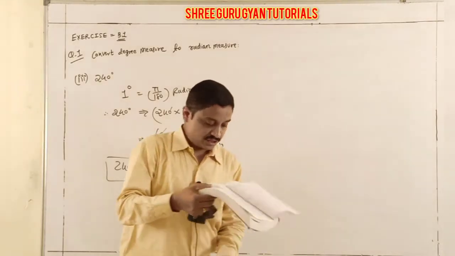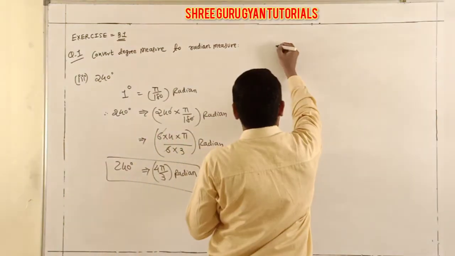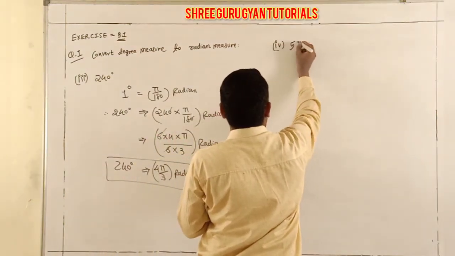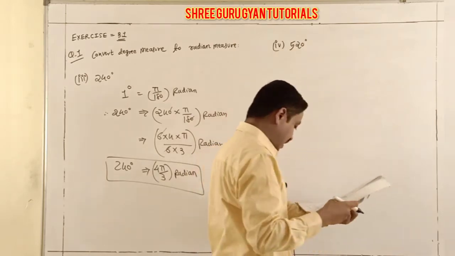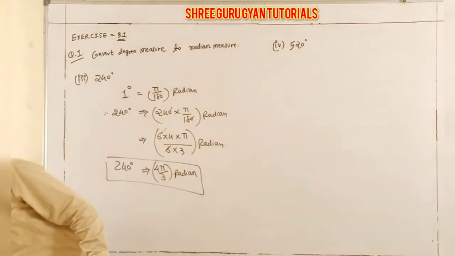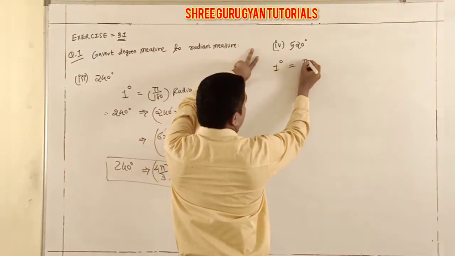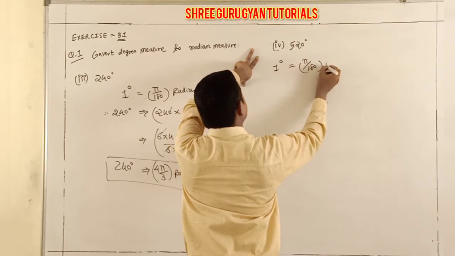Question number 4, also the same kind of question. 520 degree, translate into radian. So same application. 1 degree is equal to pi by 180 radian.